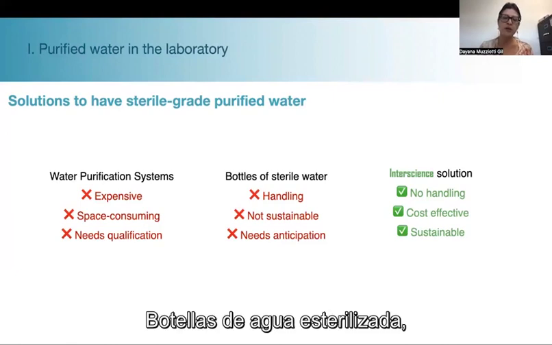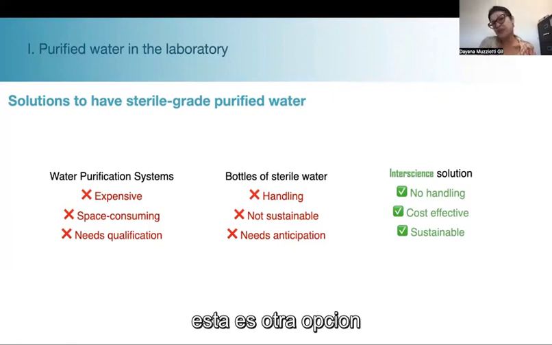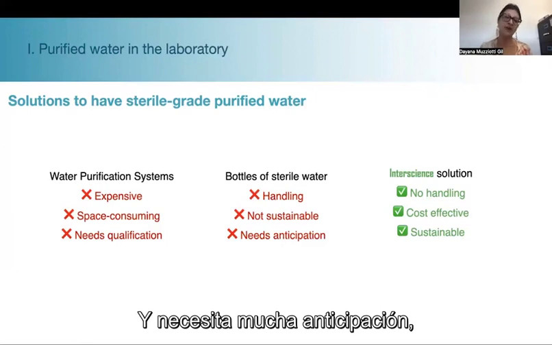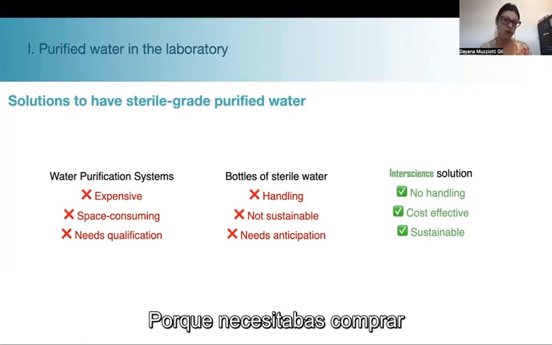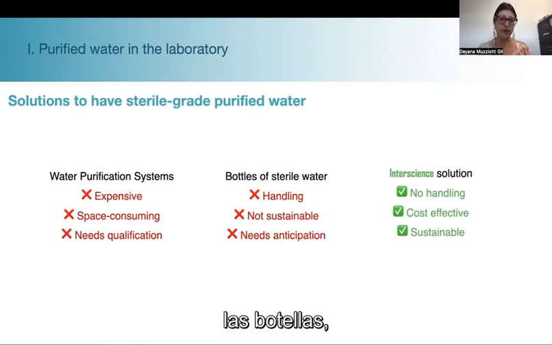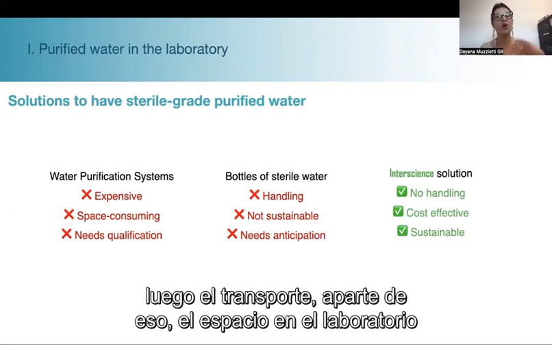Then, bottles of sterile water. This is another option, but there is a lot of handling. It's not eco-friendly, and it needs a lot of anticipation because you need to buy the bottles, then the transportation. Other than that, the space in the lab.